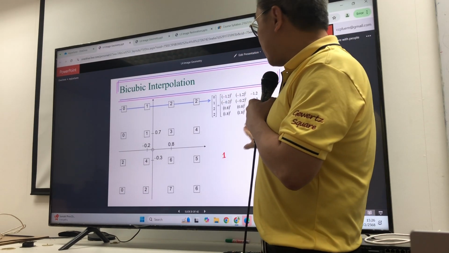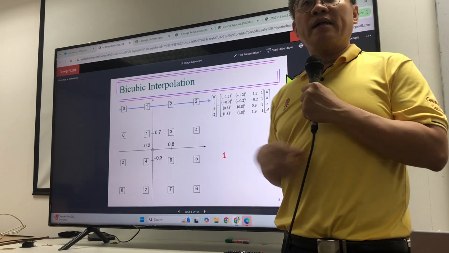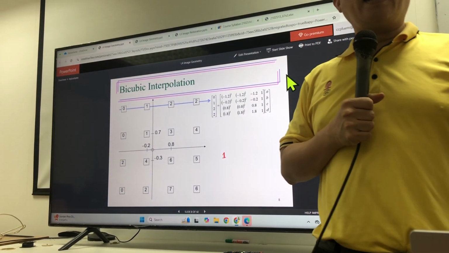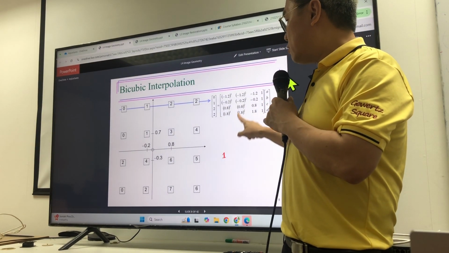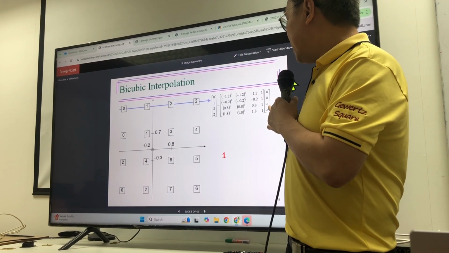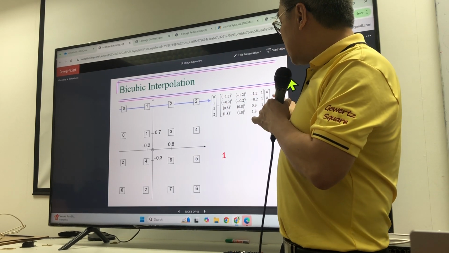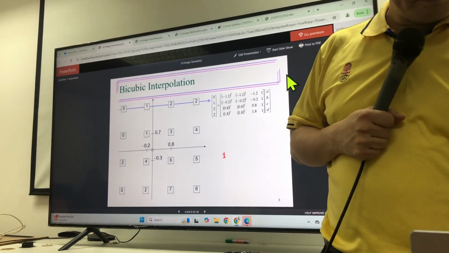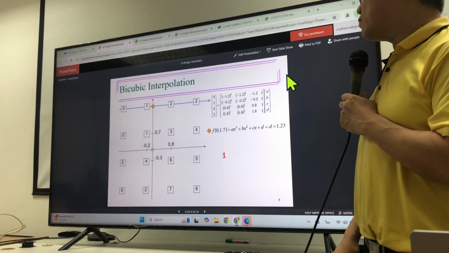So how do you solve for this? You don't need to know a, b, c, but you need to know d, right? Because a times 0 cubed, b times 0 squared, c times 0, and then d times 1. So all you need from this matrix is the value of d. So over here, you're going to get this one.